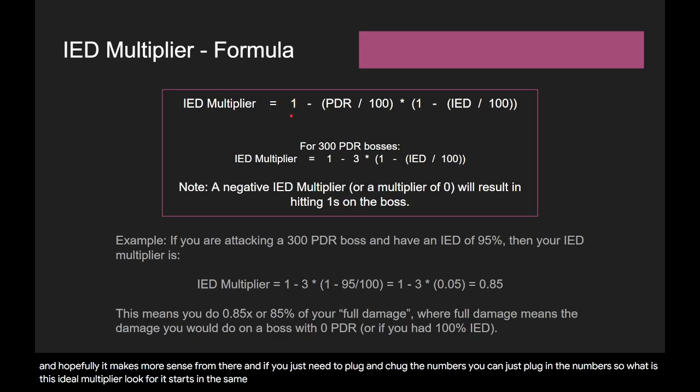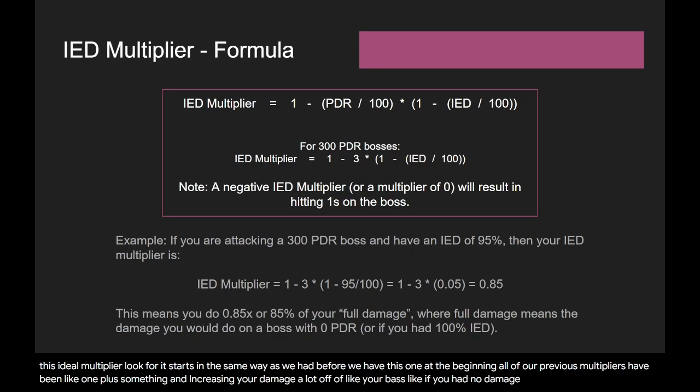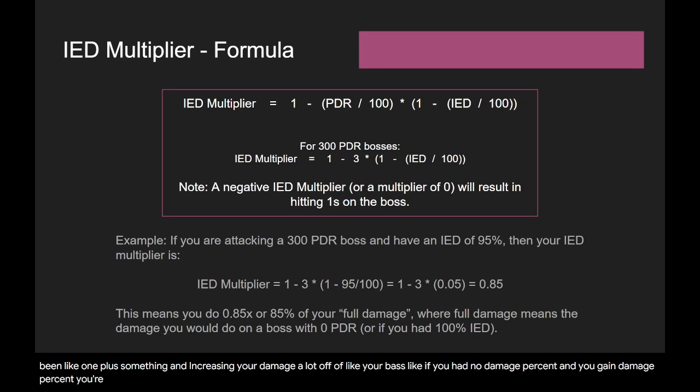It starts in the same way as we had before. We have this 1 at the beginning. All of our previous multipliers have been like 1 plus something, and that's to indicate that they're increasing your damage off of your base. If you had no damage percent, you're still doing 1 times your damage.